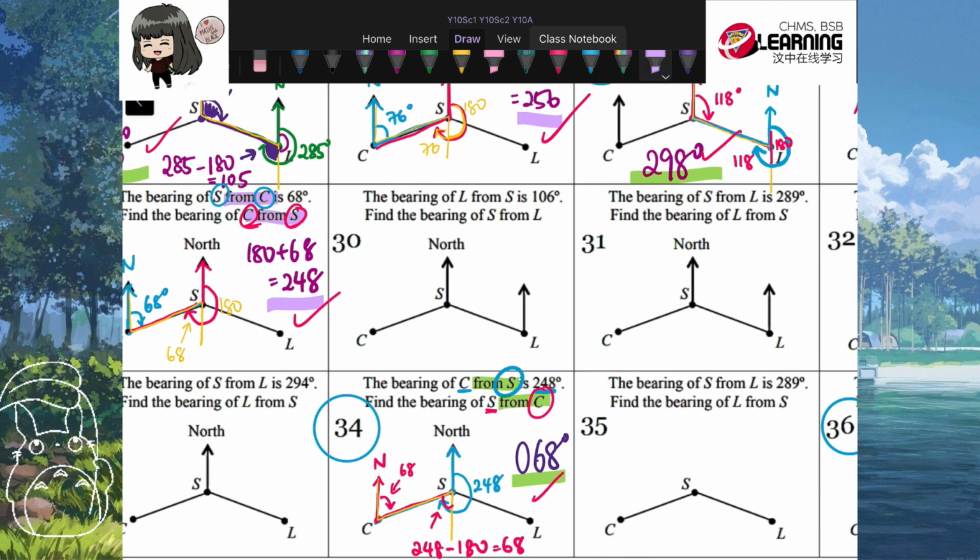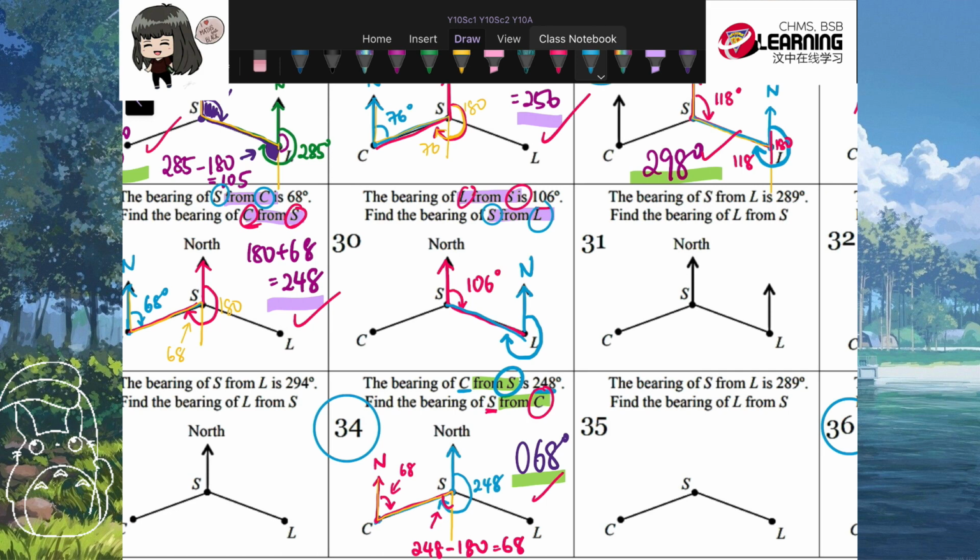Question 30. L from S. From S here we form a north, and the connecting line from S to L, and it's 106. Now we need to find S from L. From L, north, and then this is the connecting line. So the angle is clockwise like this.